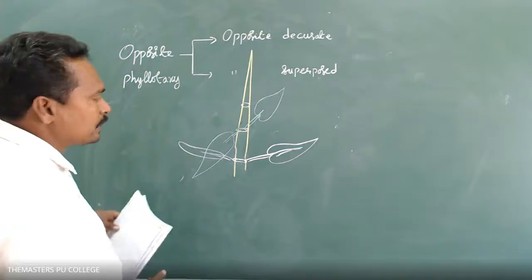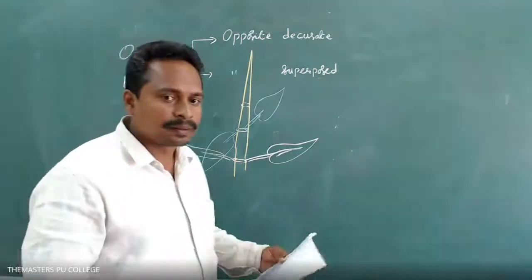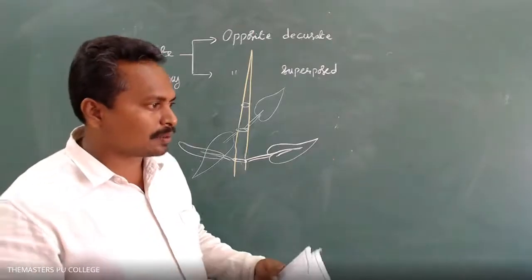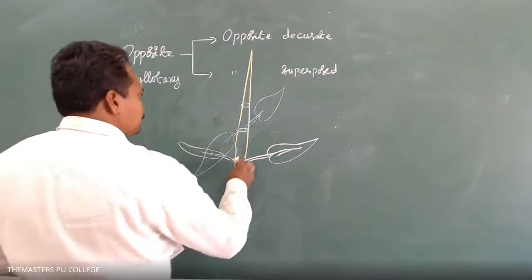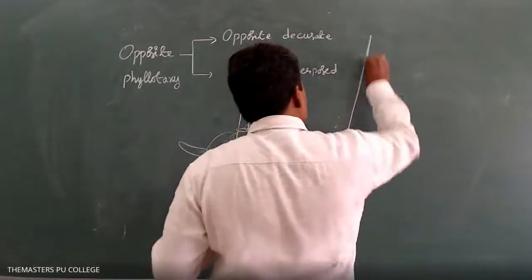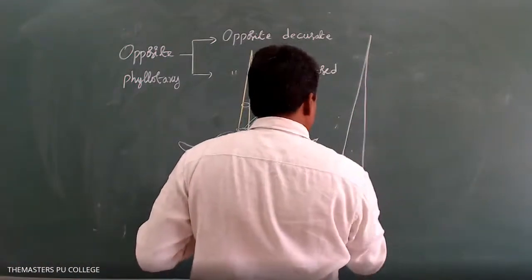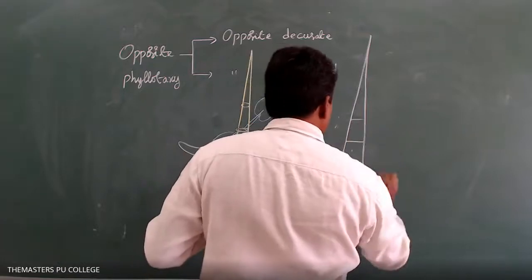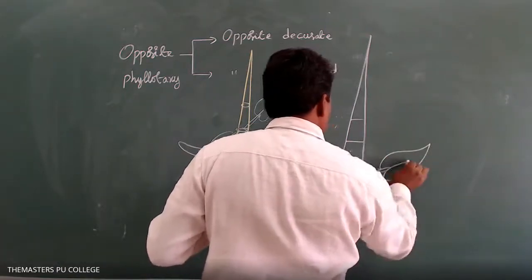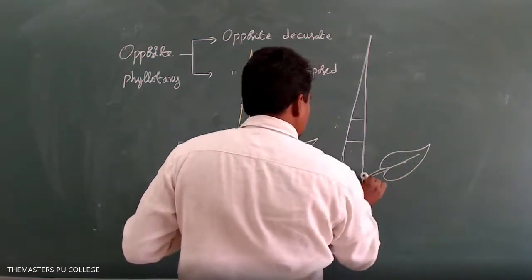Right. Sir, terminal bud also forms branches, sir? Terminal bud or axillary bud? Sir, axillary bud forms branches only, no, sir? Either branches or flowers. Sir, in NCERT they have given only branches. Now, the axillary bud is also able to form flowers.